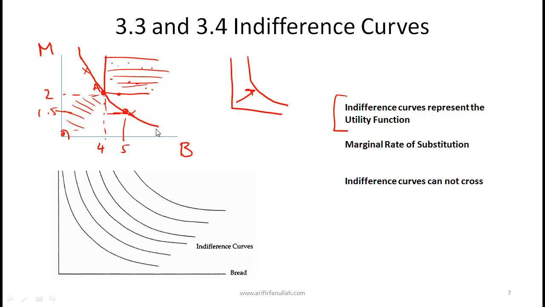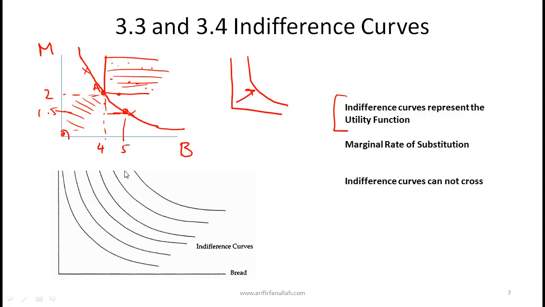Because once you have a lot of bread, the additional utility that you will derive from one more slice of bread would not be very much. So you would be willing to give up a lot of bread over here for a little bit of milk. Similarly, here you'll be willing to give up a lot of milk for a little bit of bread. So that's why these indifference curves are always or almost always convex.